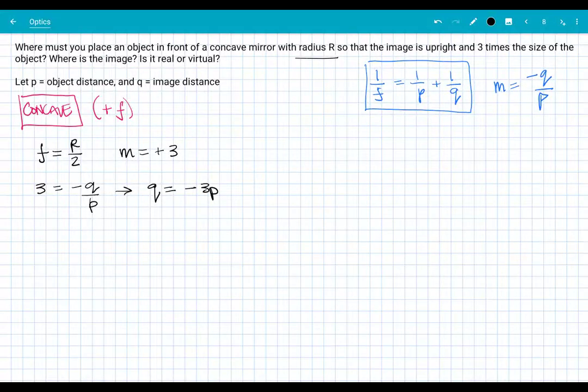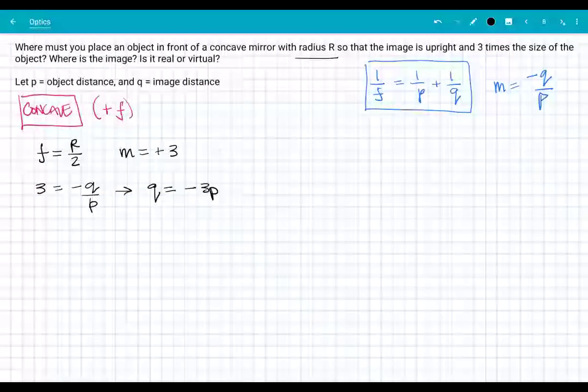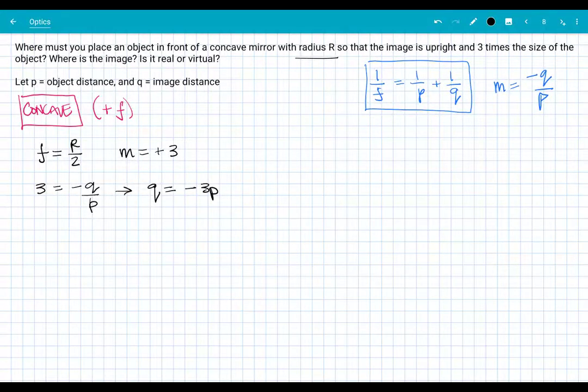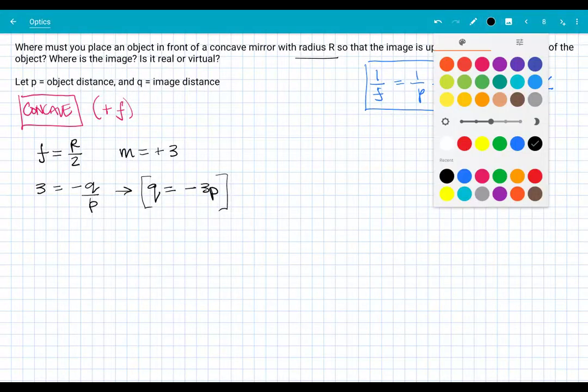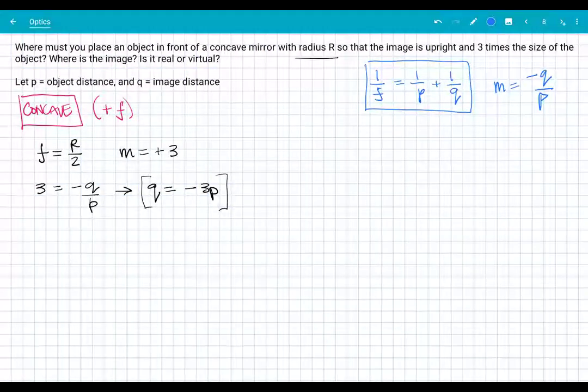That's pretty useful. The mirror equation involves both q and p, so that's the place I want to use this relationship. I'm going to take the mirror equation and solve for q. My first move is just to isolate q in this equation.